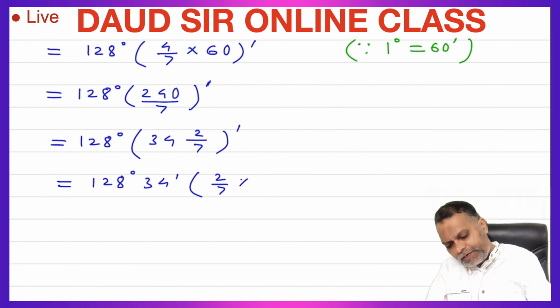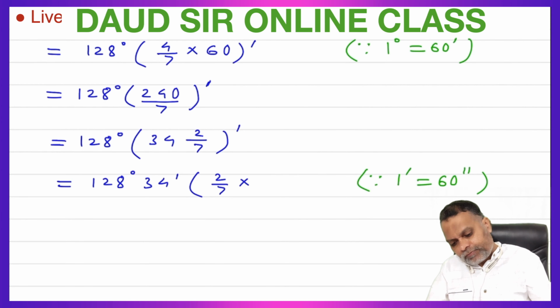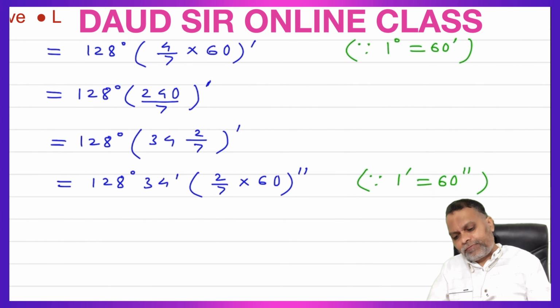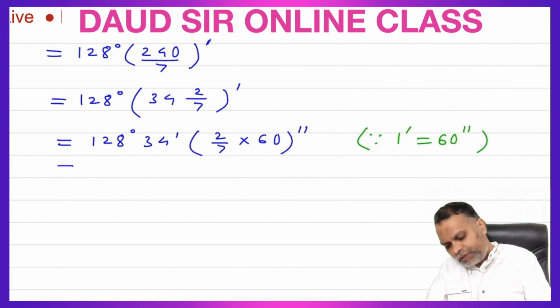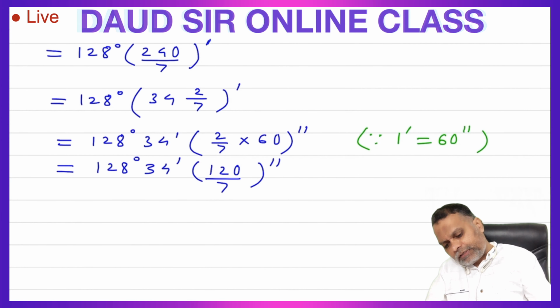So 2 upon 7 into, since 1 minute is equal to 60 seconds, for this much minute, multiply by 60. This is seconds, which is equal to 128 degrees, 34 minutes, and 2 into 60 is 120 divided by 7 seconds.